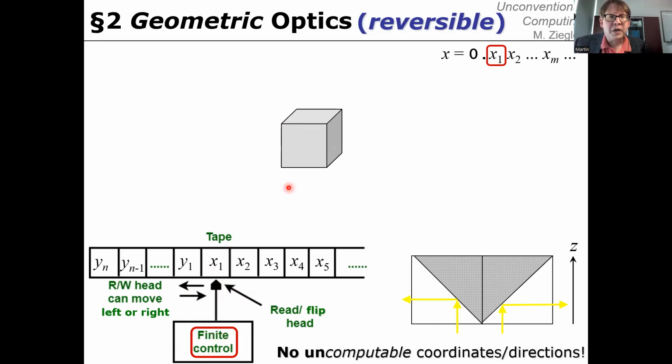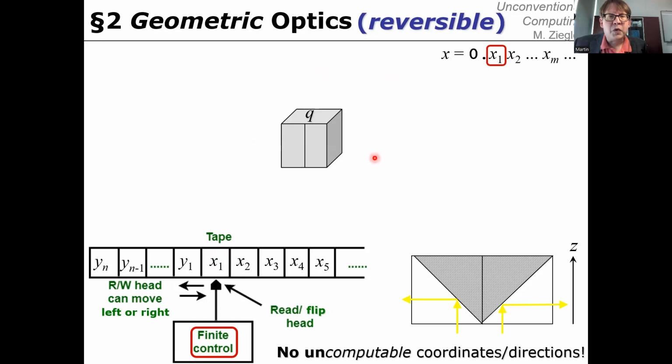And for each of these rules, we're going to combine two or three of these basic optical gates. So this is our first optical gate. This is the test gate. So suppose that the finite control says if you're in state Q, and if this bit is 0, then move one cell to the right, or move one cell to the left.